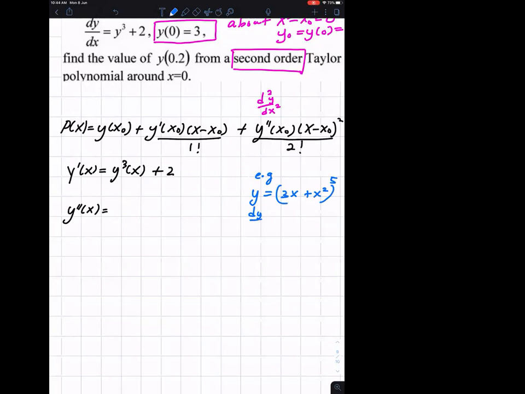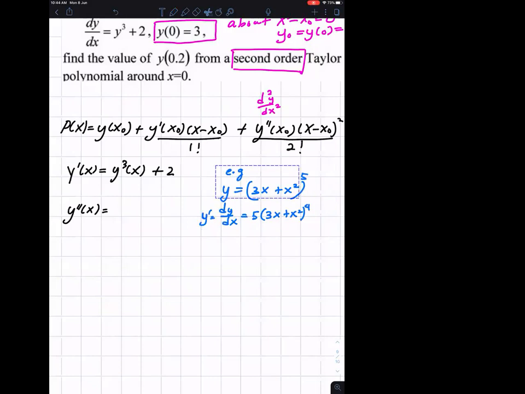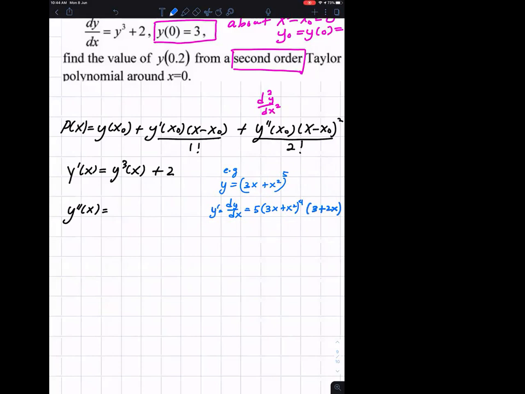If I ask you to find dy/dx, which is y prime in this case, what do you do? You bring the 5 down, and then you repeat what's inside. After doing this, you multiply by the derivative inside, which is just 3 plus 2x. Okay.